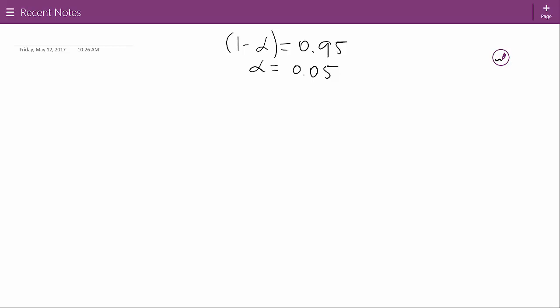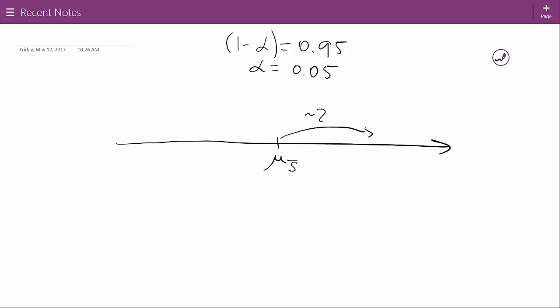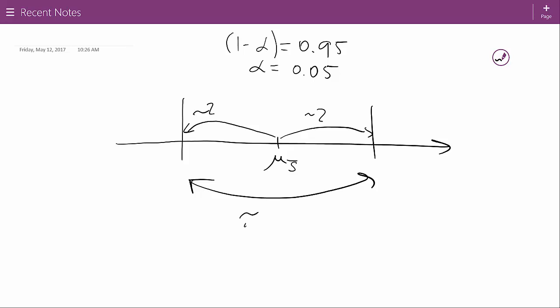So that means that if this is my mean that I'm trying to determine, mu for x bars, and I travel approximately 2 standard deviations to the right and approximately 2 standard deviations to the left, then in these boundaries I'm going to capture approximately 95% of all x bars, of all sample averages in my distribution of sample averages.